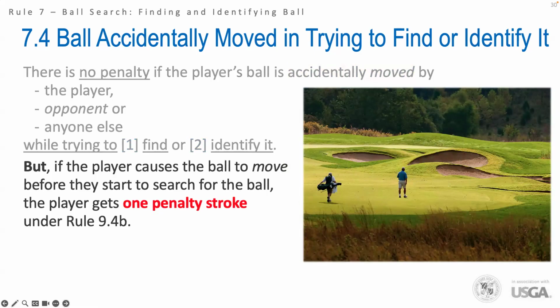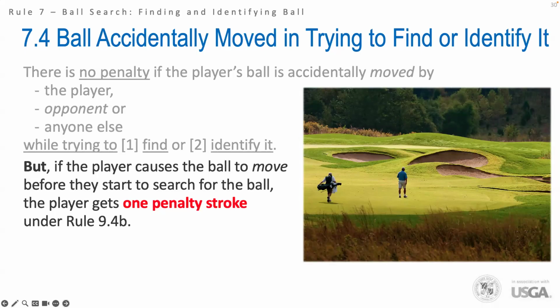But this is if they think their golf ball is 250 yards in the rough, and they accidentally kick a golf ball that's maybe only 200 yards. That could have been their golf ball. They're not in the area where they think their golf ball might be, so they haven't started to search for that golf ball and they accidentally move it.